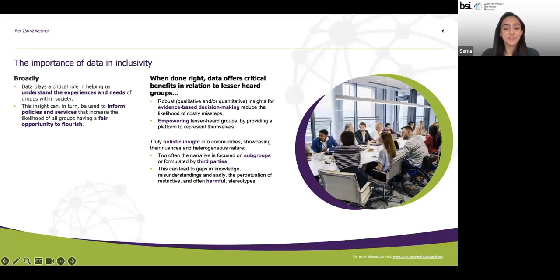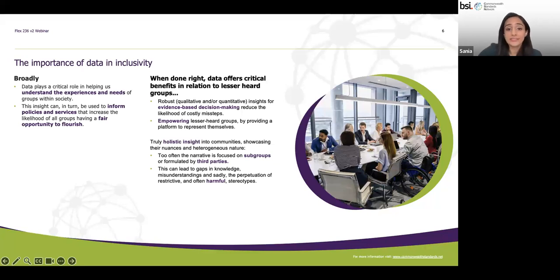The career that I've spent most of my life in, which is market and social research, this is very much core and fundamental to what we do. It's about representing voices of different communities and giving them a voice to power, whether it's to governments and NGOs or whether it's to industries and decision makers there.